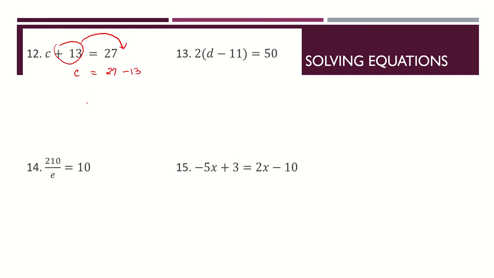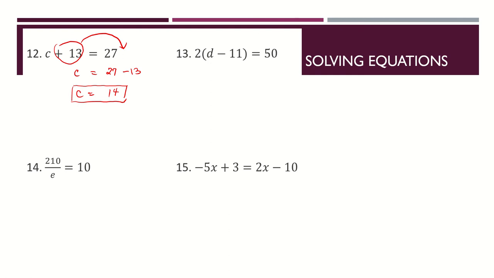So, C equals 27 minus 13. 7 minus 3 is 4. 2 minus 1 is 1. So, C equals 14. To check, 14 plus 13 is 27. Next, for number 13, you have two methods in doing this.